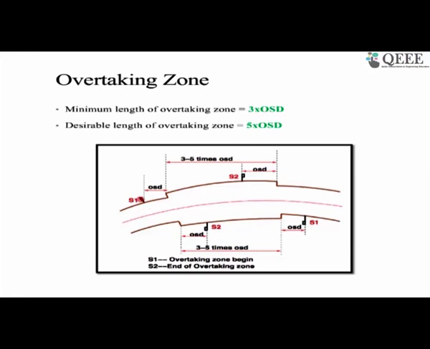We should provide a sign here saying that the overtaking zone is coming up, and before it ends, at a distance from the overtaking sight distance, another sign is provided which says that the overtaking zone ends here. That way it completes. So this is the overtaking zone.